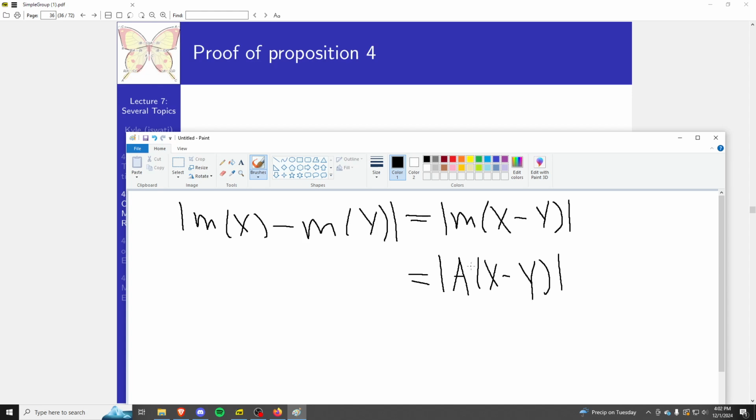And what operation is going on here between these? Because x minus y is just a column vector. Evaluation. What is evaluation?